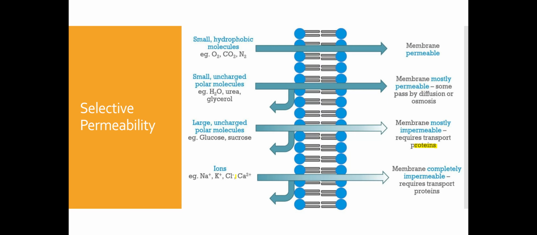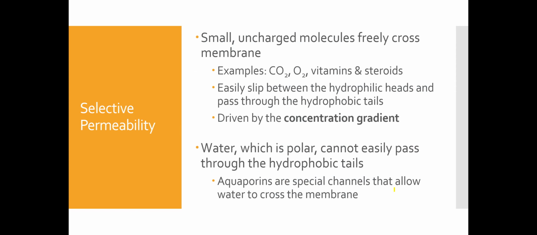And then ions, same thing. They can't easily cross that membrane, and so they're going to also require some proteins. And so, like that little graphic just showed you, if they're small and uncharged, they typically move across easily. So gases like oxygen and carbon dioxide, vitamins, steroids, small things that are hydrophobic normally move across.